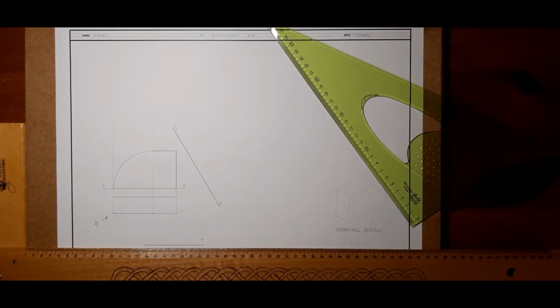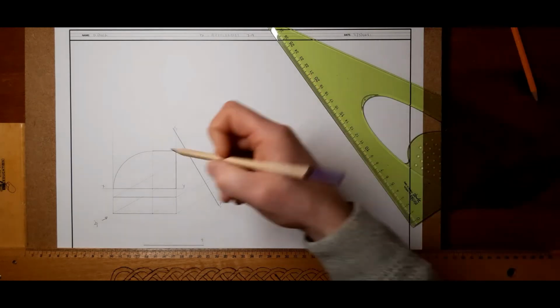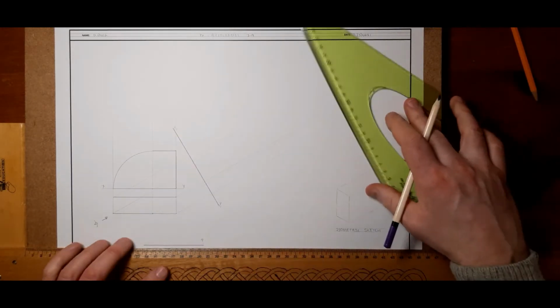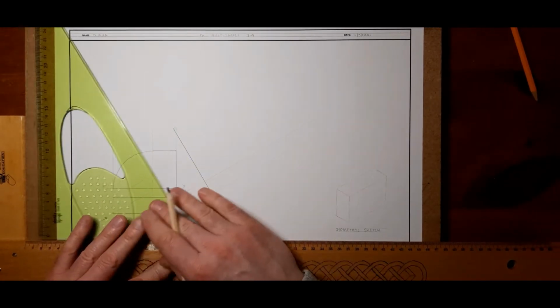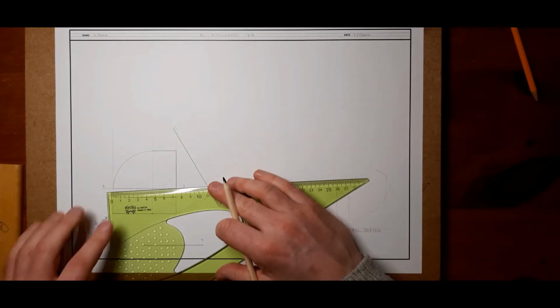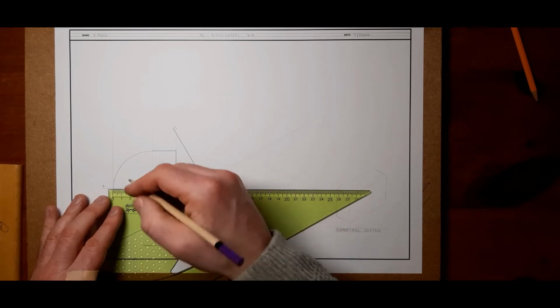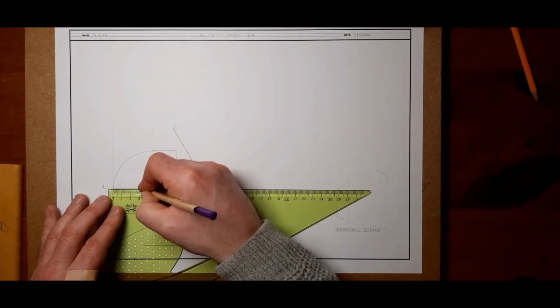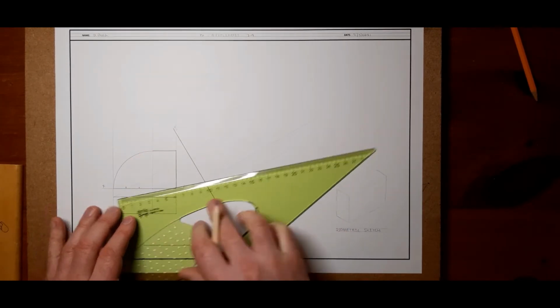Now a common thing you'll come across in drawing is any time you have a circle like this. Now when you're not looking at 90 degrees, you're going to have to draw in a freehand curve. So we're going to have to get some points along the circle here. You can divide up a circle at 60-30 if you wished. Or sometimes I like to also, it's 45 degrees there, so I might just come out 15. I'm going to go another 15.